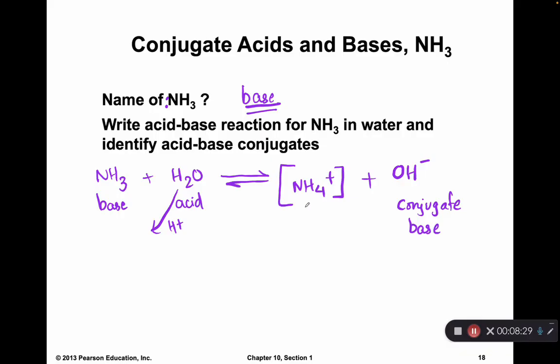Okay, so we have here NH4 plus, and actually I should have written that as NH4 plus this way, right? So we have here ammonium ion. The name of this guy is ammonium ion, and this is formed from the base, so it is a conjugate acid.